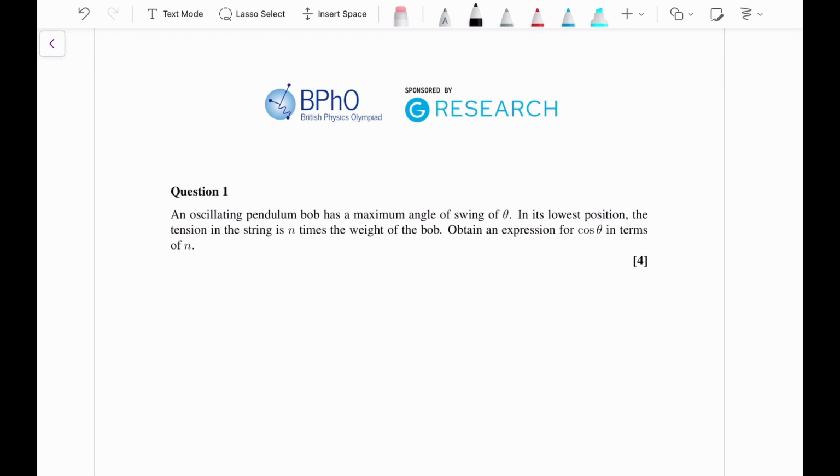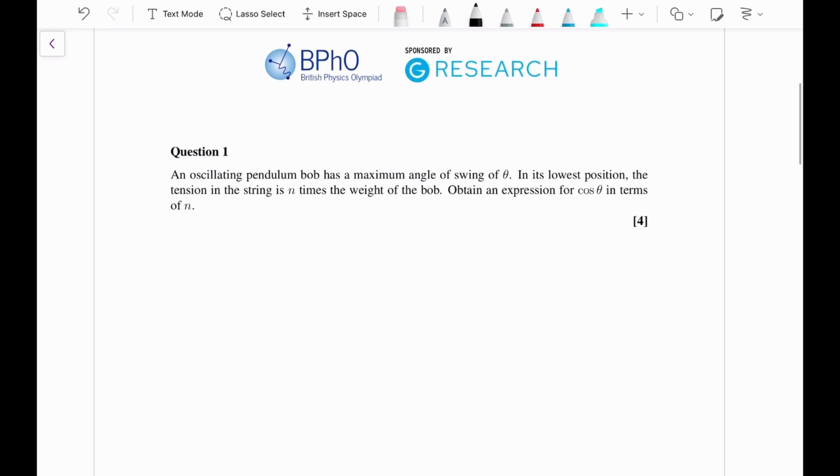My idea is that we can use the conservation of energy to figure out the speed of the bob at the lowest point, and then we can calculate the tension. And then we can relate the tension to n and then to cosine theta. First of all, I'm going to draw a diagram.